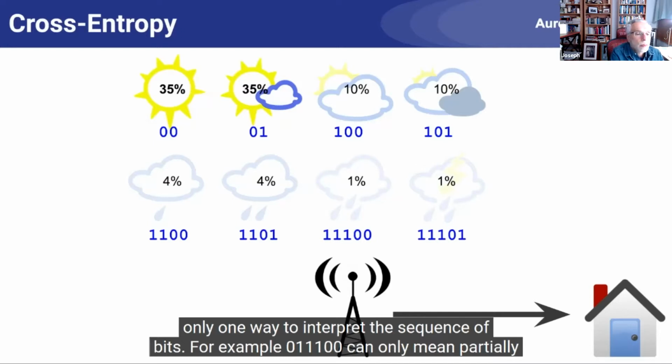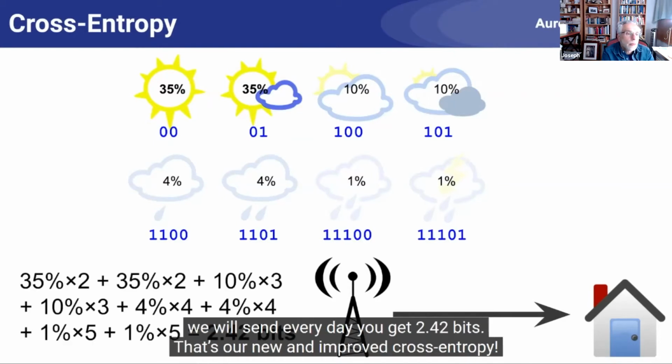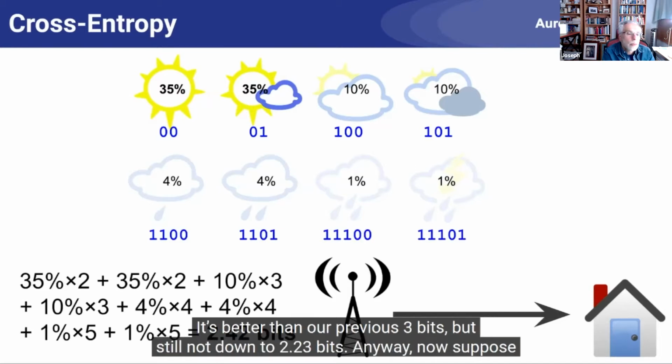For example, 0, 1, 1, 1, 0, 0 can only mean partially sunny followed by light rain. Okay, so if you compute the average number of bits that we send every day, you get 2.42 bits. That's our new and improved cross-entropy. It's better than our previous 3 bits, but it's still not down to 2.23 bits.